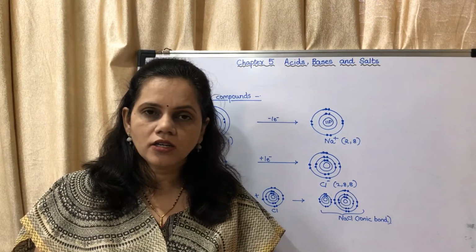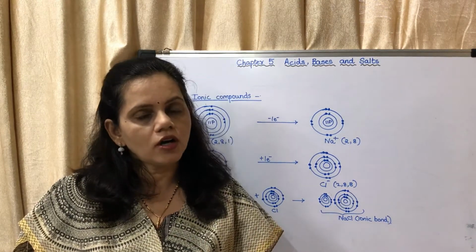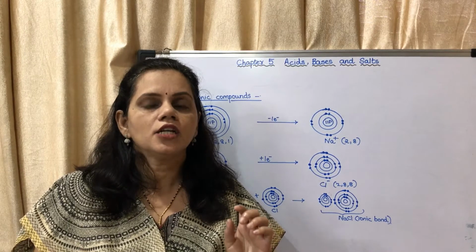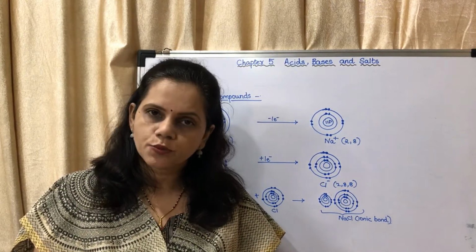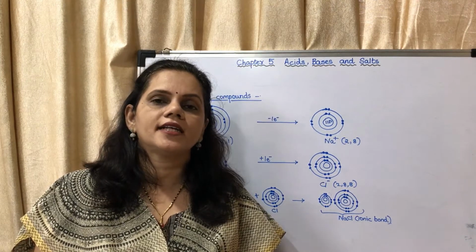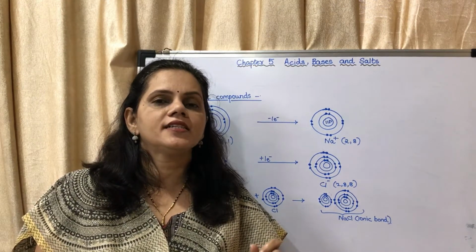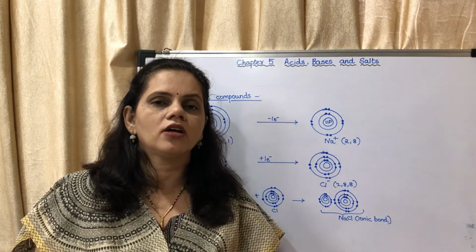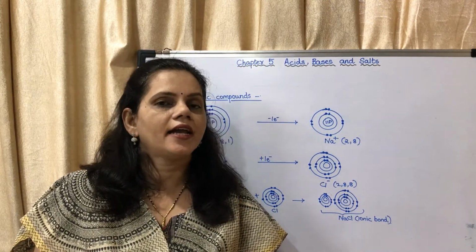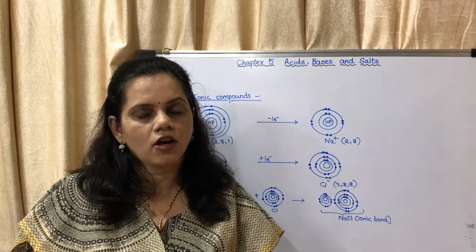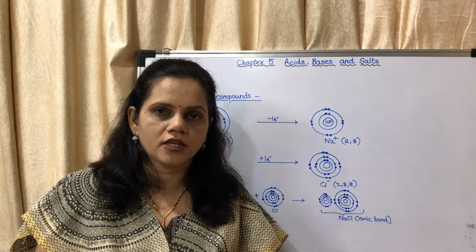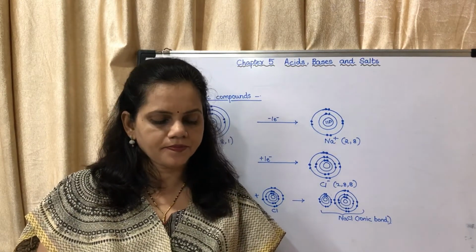And if it does not have H positive or OH minus, then it is a salt. I repeat, if the compound has H positive ion, then it is an acid. If it has OH minus ion, it is a base, and if it does not have H positive or OH minus ion, then it is a salt. So we will see the chart.